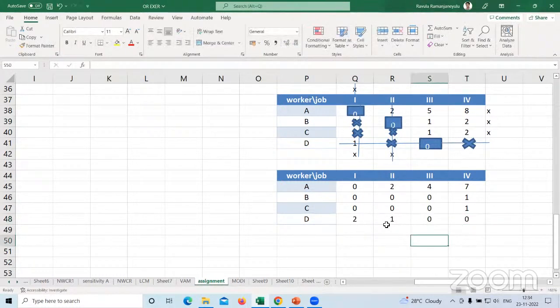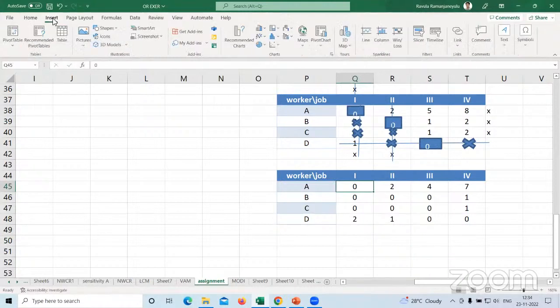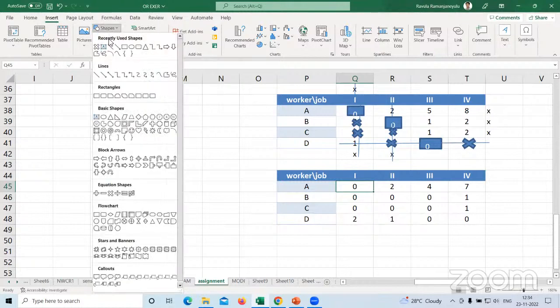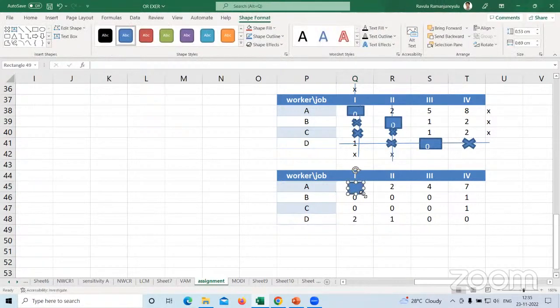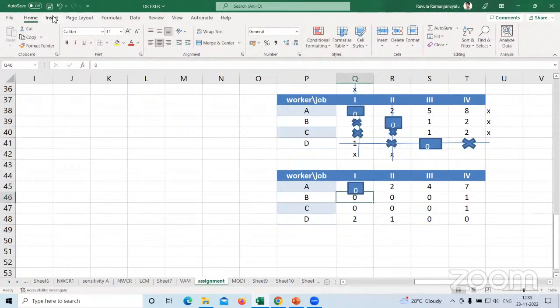Right? Now we need to make an assignment. Where to assign? In the first row we can assign. So the assignment is made here, whereas these zeros have to be cancelled.